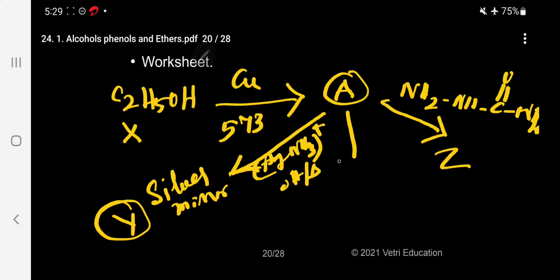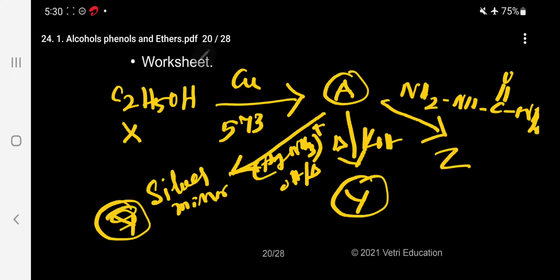Whereas when you treat with potassium hydroxide or sodium hydroxide, a strong alkali, with heat, it produces Y. So what is the question asked? They are asking only about A, X, Y, Z. Please follow how to identify the correct answer.